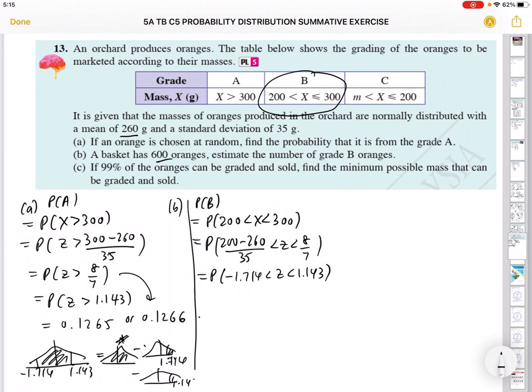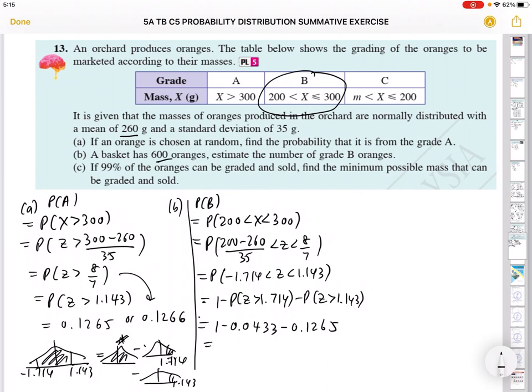Use your calculator or mathematical table: 0.0433, and 0.1265, and your probability is 0.8302. Okay, maybe I'll move up a little bit. I don't have enough space.